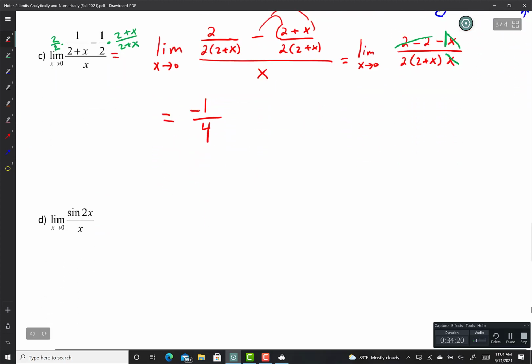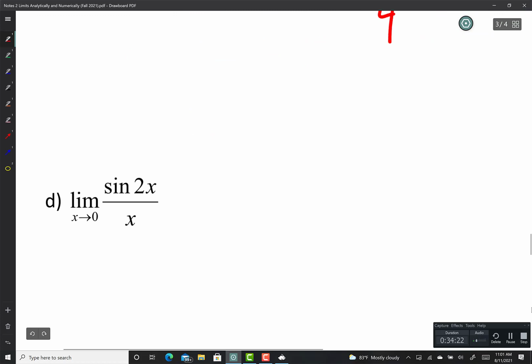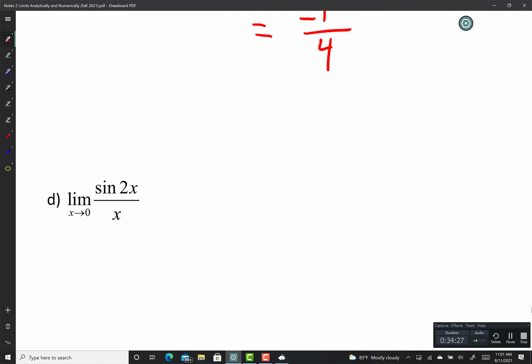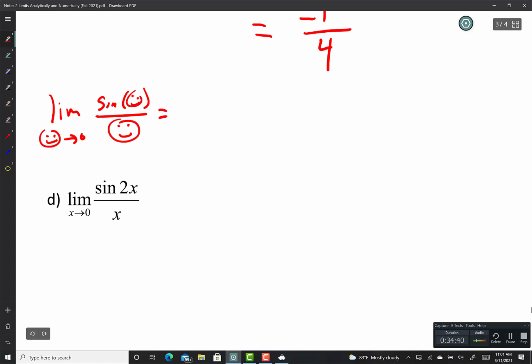Okay. Look at letter D. And maybe we don't have enough experience yet to answer letter D. Here is what you know. Limit of happy face approaches 0 of sine happy face over happy face equals 1.